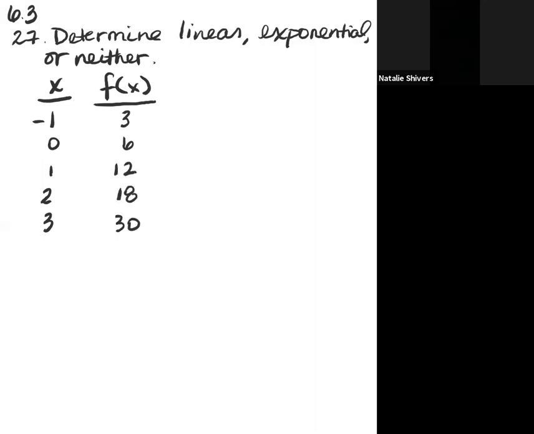So there's my t-chart. So to do linear, you want to do average rate of change, which is also slope. Okay, they all need to be the same.